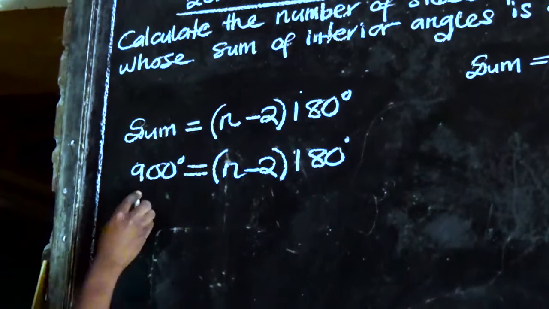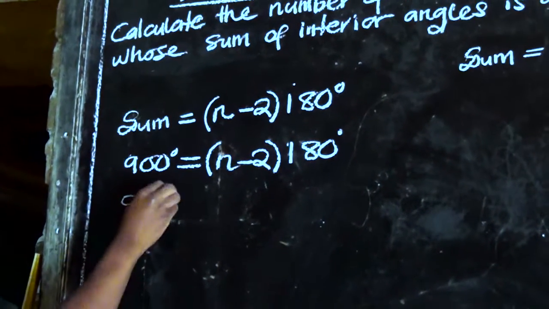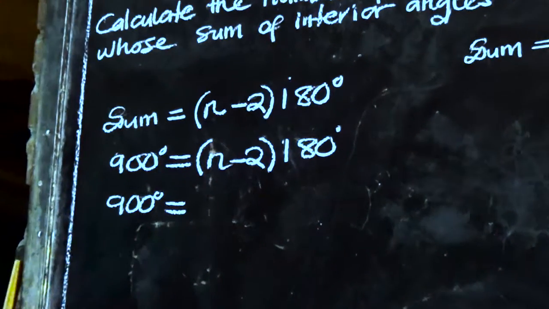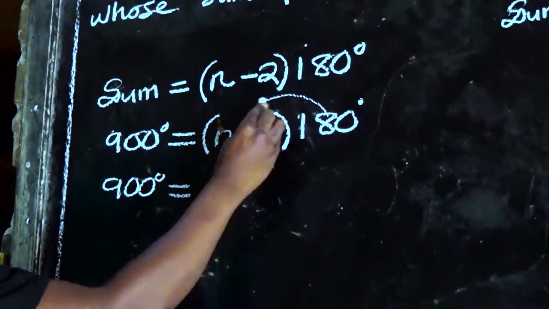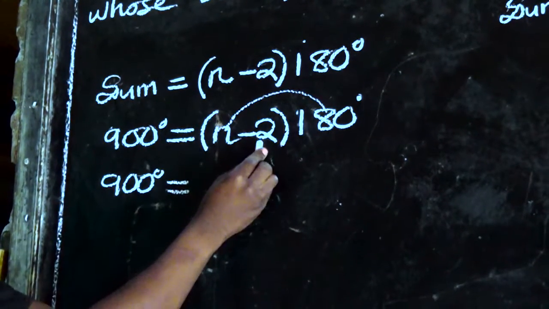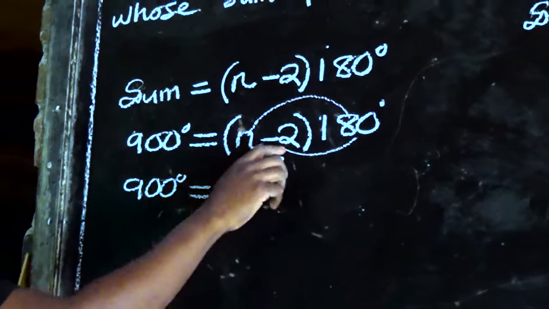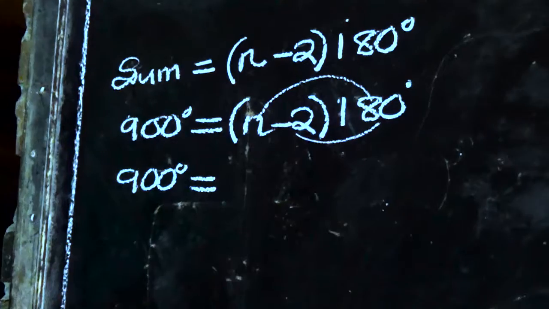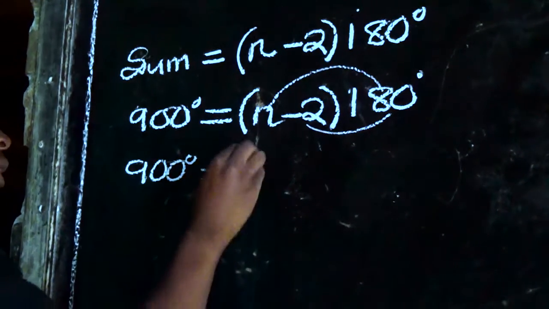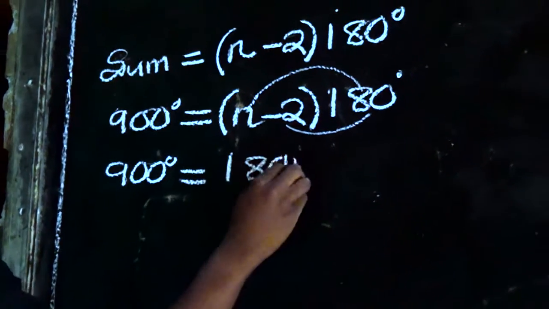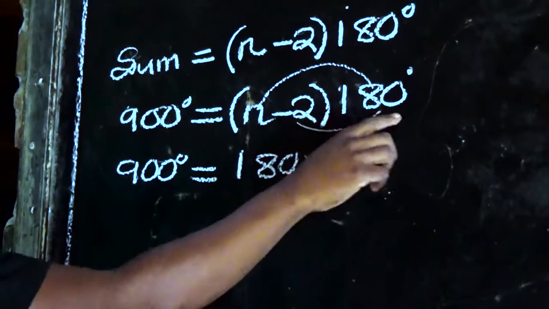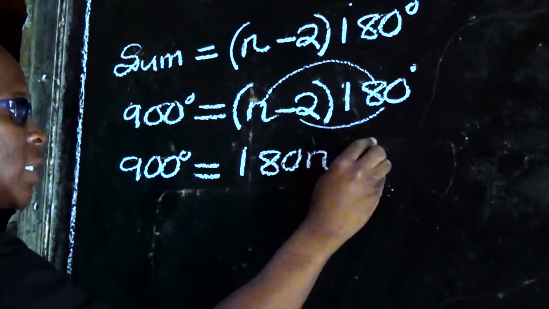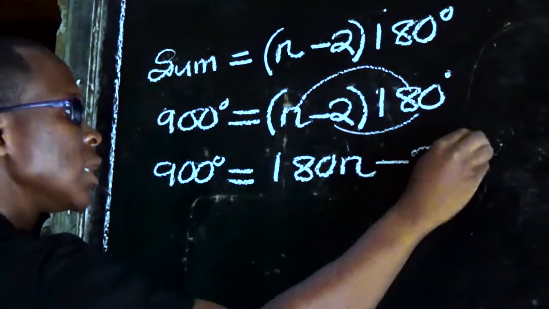So we maintain 900 degrees is equal to, then we multiply: 180 multiplied by n, then negative 2 times 180. So 180 times n, you get 180n. Then 180 times negative 2 gets negative 360 degrees.